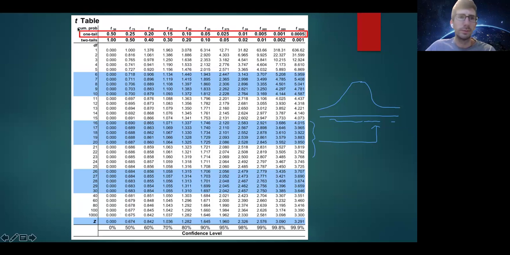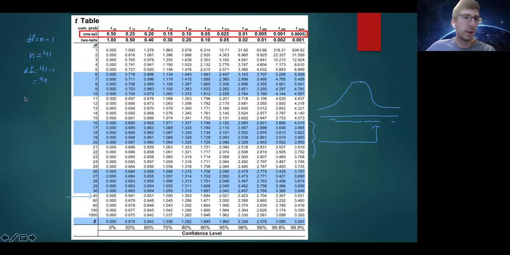So to select one of these T values, we'll have to first find our degrees of freedom to determine which row we should be using. And remember, the degrees of freedom is just n minus 1. So for example, if our sample size was equal to 41, then our degrees of freedom would be equal to 41 minus 1, which is 40. And that would tell us to come down to this row to pick one of these t values based on our confidence level.